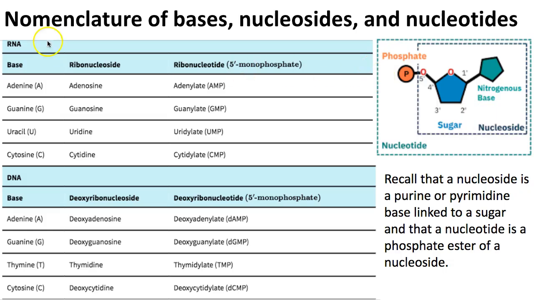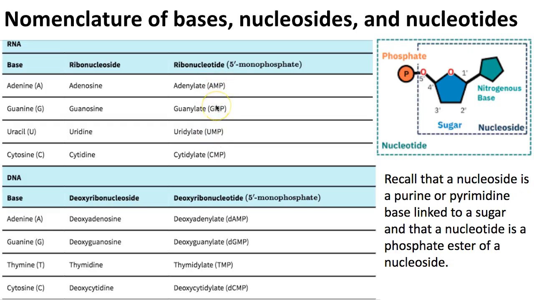As far as your bases for RNA, you have adenine, guanine, uracil, and cytosine. And then the naming nomenclature for nucleosides is listed here, and for making a nucleotide, that is listed here. Then remember the shorthand of AMP, GMP, UMP.